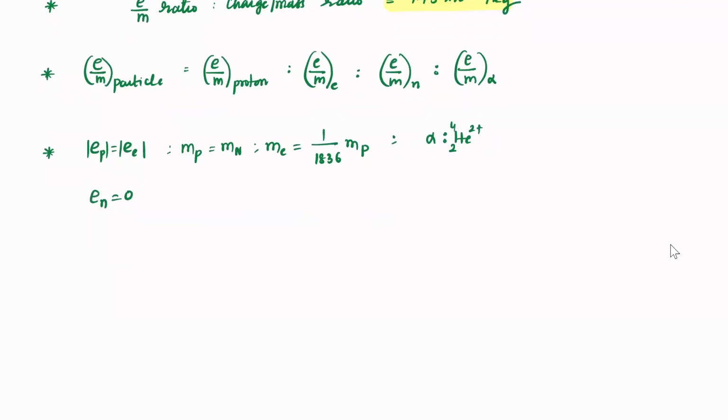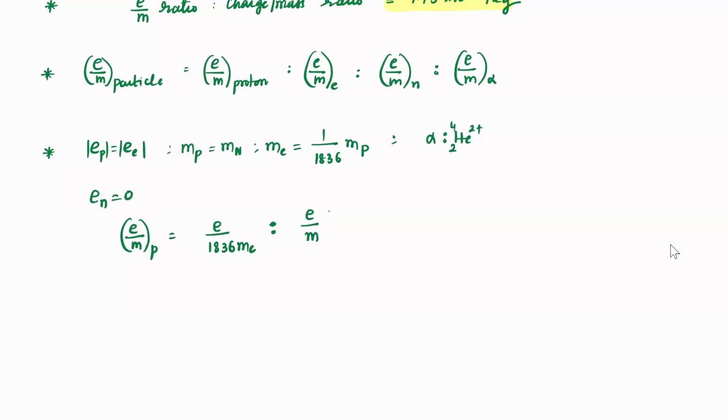Putting all of these into options here, we'll get E by M ratio of the particles will be E, which is same, and mass of proton I'll write it as 1836 times of mass of electron. That is E by M of electron.